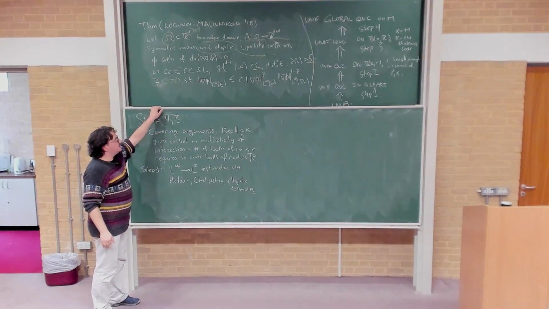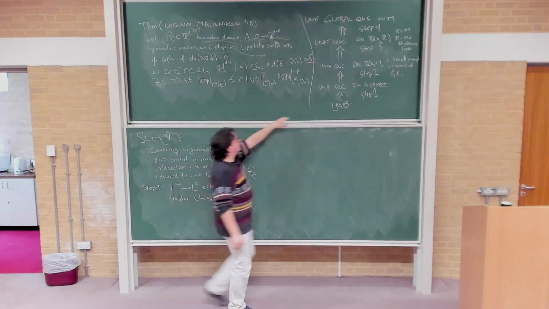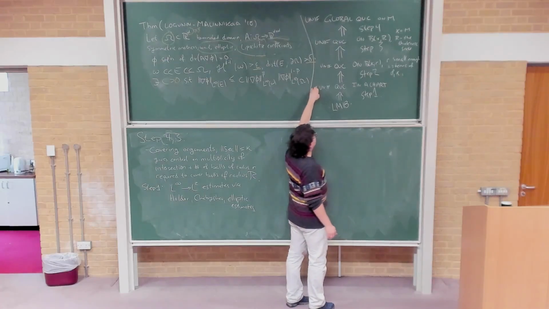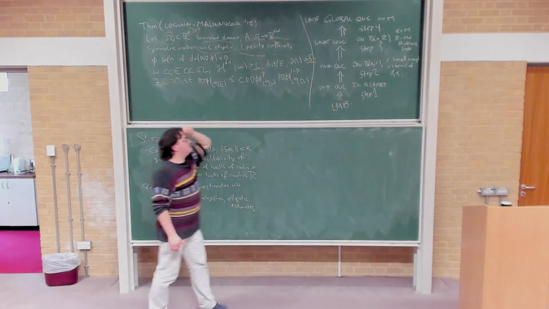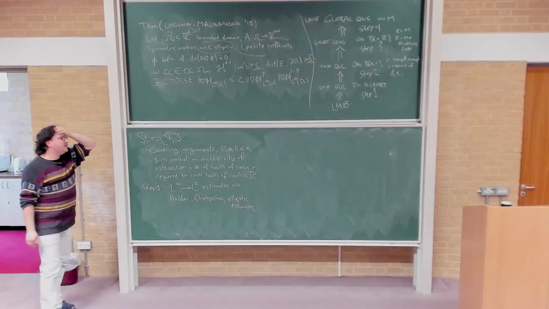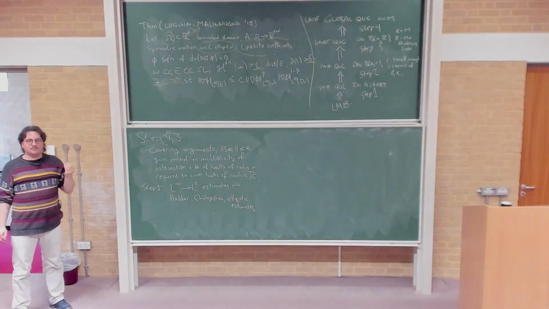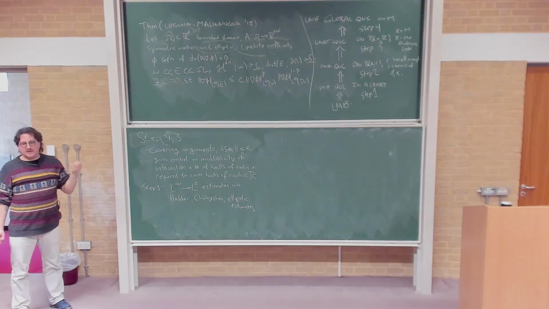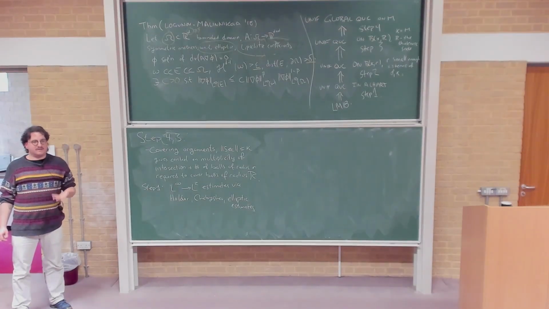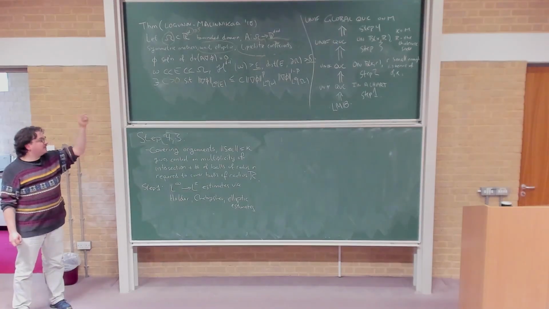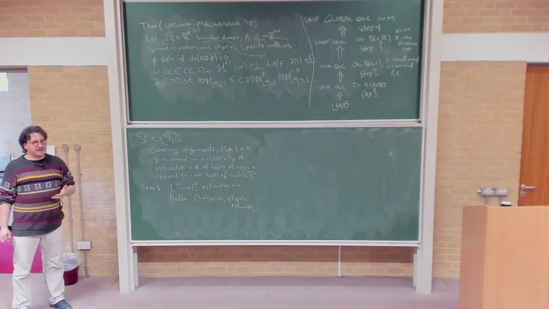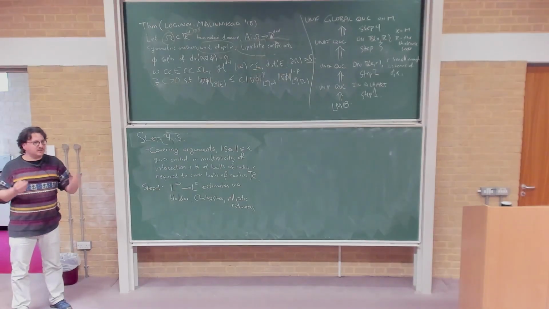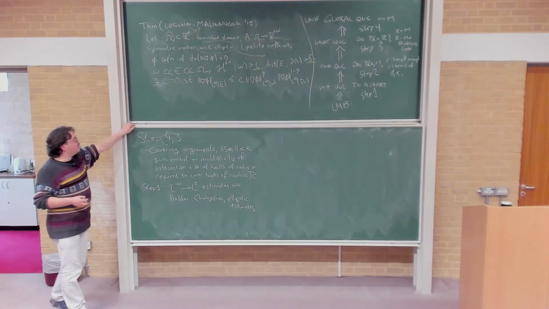But the important thing is that in going from this to quantitative unique continuation in a chart, one of the things that I'm using here is that my metric will have uniformly Lipschitz coefficients, because the Laplace-Beltrami operator in a chart is essentially a divergence form equation with the coefficients A being essentially the metric there.